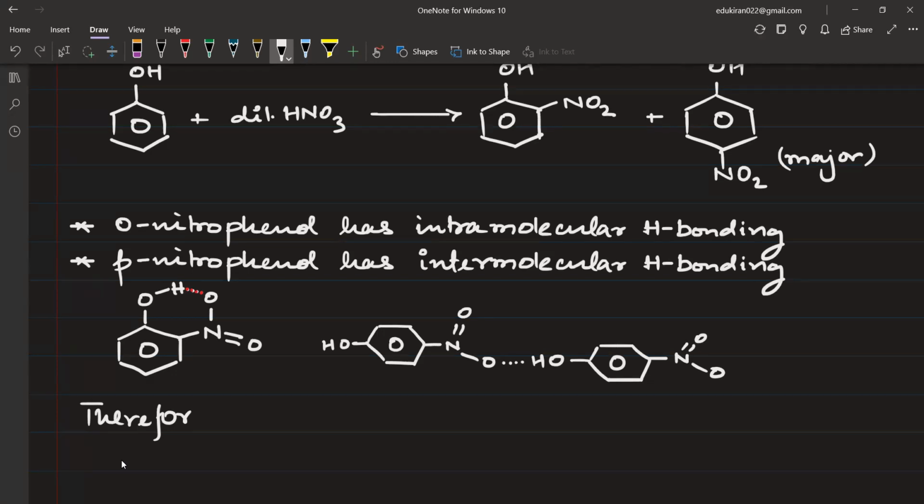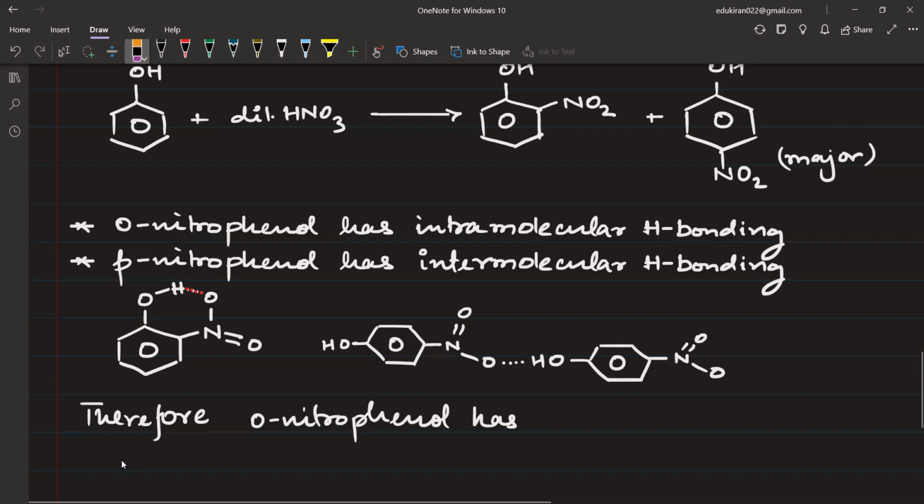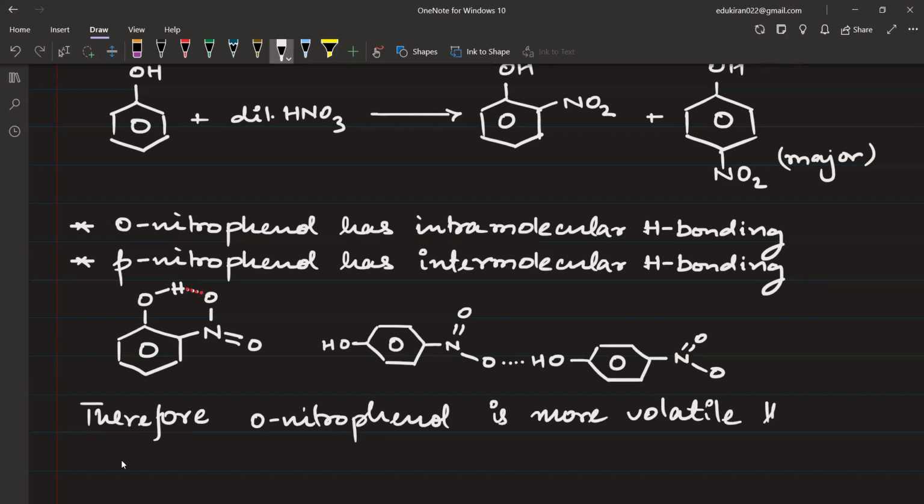Okay, and therefore O-nitrophenol is more volatile than P-nitrophenol.